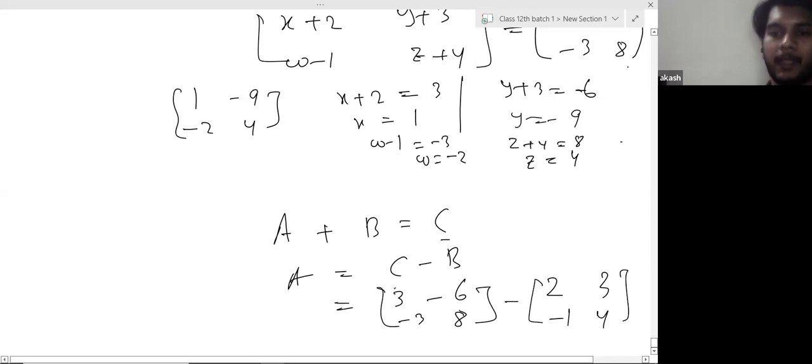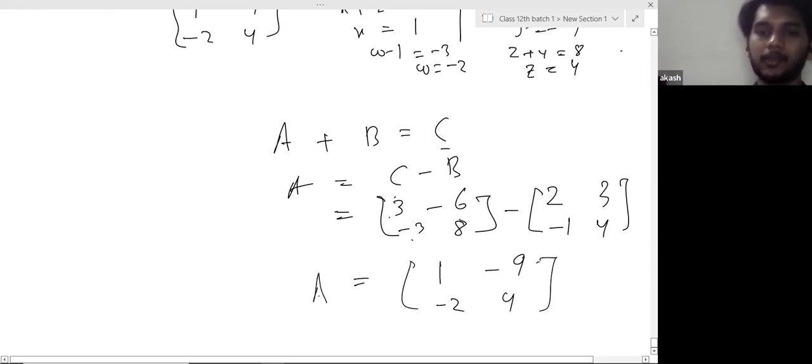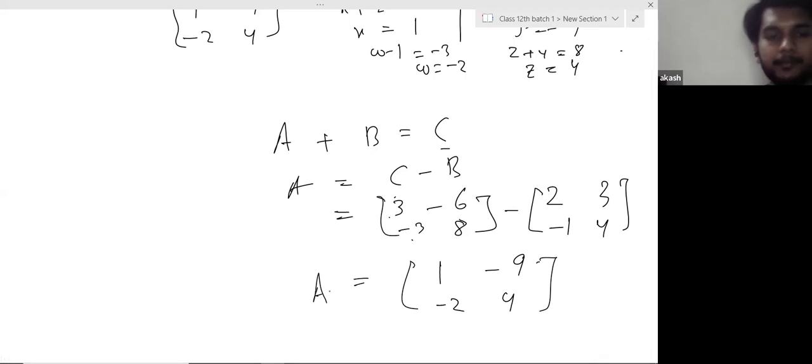If you just subtract these two, you will get the answer. So 3 minus 2 is 1, minus 6 minus 3 is minus 9, minus 3 plus 1 is minus 2, 8 minus 4 is 4. So this is matrix A. Clear, Shikani? Yes, yes.